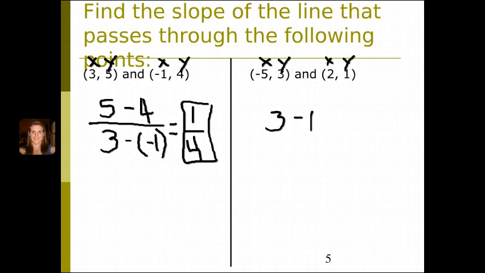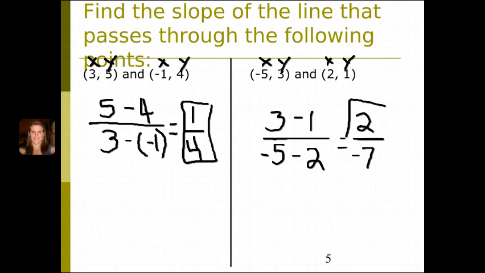Put all of that over top of our first x value, negative 5, and we always subtract our second x value, which is 2. 3 minus 1 is 2, and negative 5 minus 2 is negative 7. Therefore, the slope of the line that passes through these 2 points is negative 2 over 7.